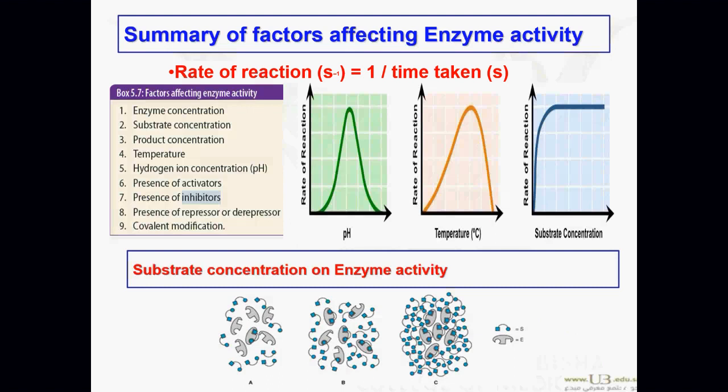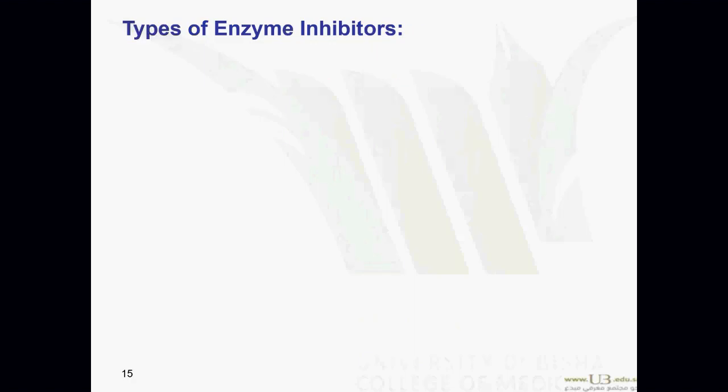This we can imagine as an intermediate reaction rate. And when you have the maximum binding, no matter how much substrate concentration we add, it will not affect the rate of reaction, because all the enzymes have been bound to the substrate, so the rate will not increase anymore after the Vmax has been reached.